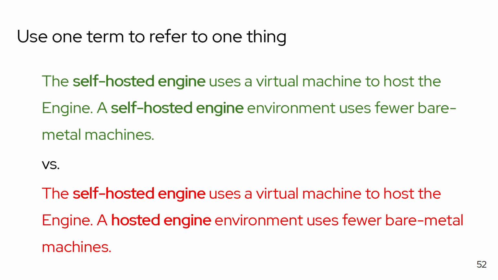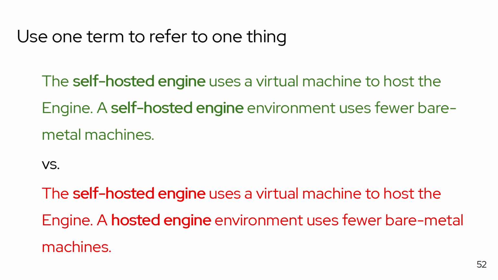Which brings us to using one term to refer to one thing. When I joined the team, here's an example. When I joined the team, I didn't know that a self-hosted engine was the same thing as a hosted engine. And these, by the way, are two terms that are very, very close to each other. Also, in Rev, we refer to the engine as the manager, whereas in oVirt, it is the engine.